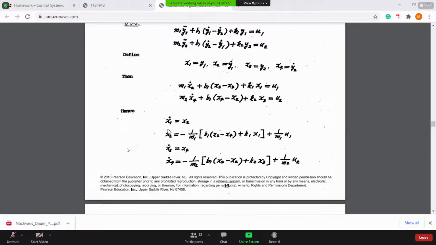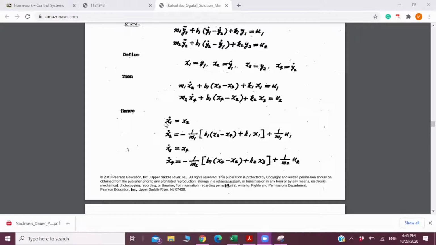As you can see, x1 prime is only a function of x2. So the first row controls x1 prime, and it must be all zeros except the one multiplying x2. So it should be 0, 1, and then zeros. x2 prime is a function of x1, x2, x4, and also u1.